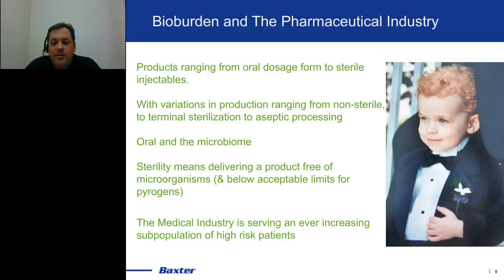These are manufactured in a number of different ways. They could be non-sterile manufacturing, terminally sterilized where we sterilize the product after it has been made, and aseptic processing where they're essentially initially sterilized and brought together, usually with a final filtration immediately prior to filling the solution.